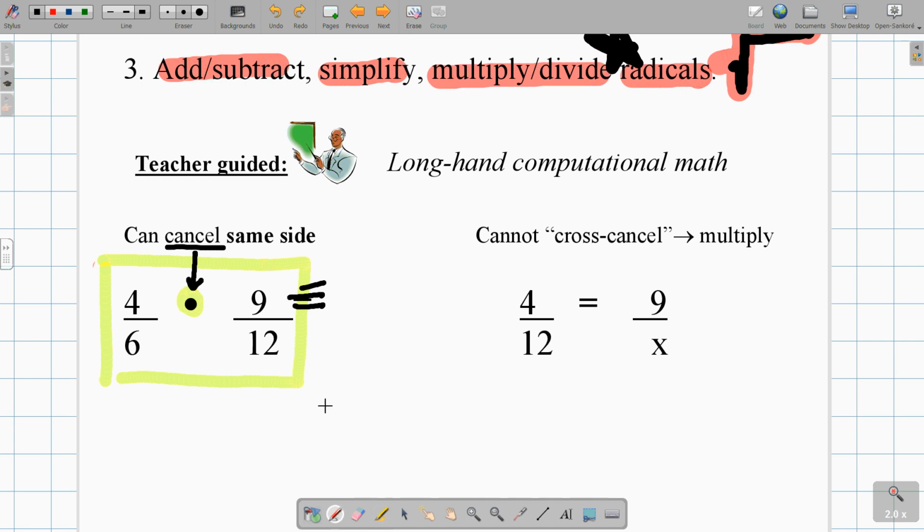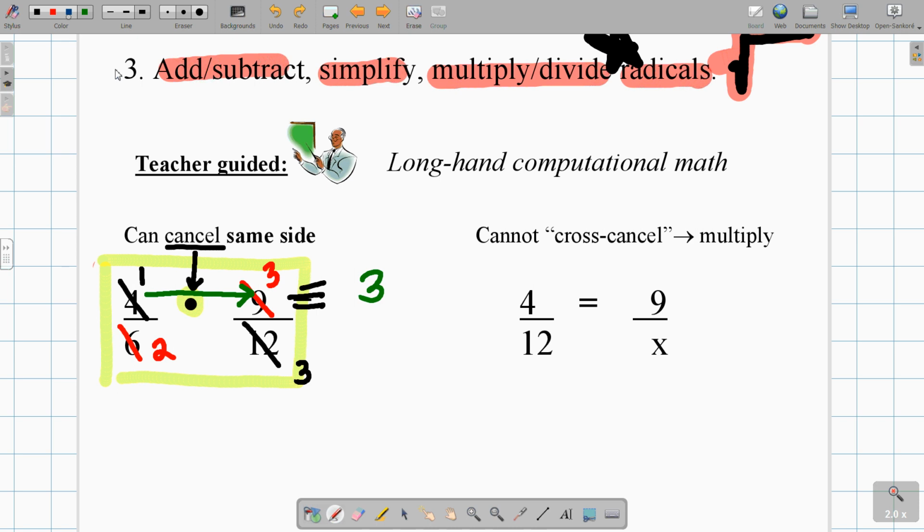So let's cross out, we know the 4 goes into 12 3 times, that's once. And then you can go this way, 3 goes into 9 3 times, 3 goes into the 6 twice. And once you've reduced everything possible, then you just multiply straight across. So our answer here, straight across, 1 times 3 is 3, going this way.